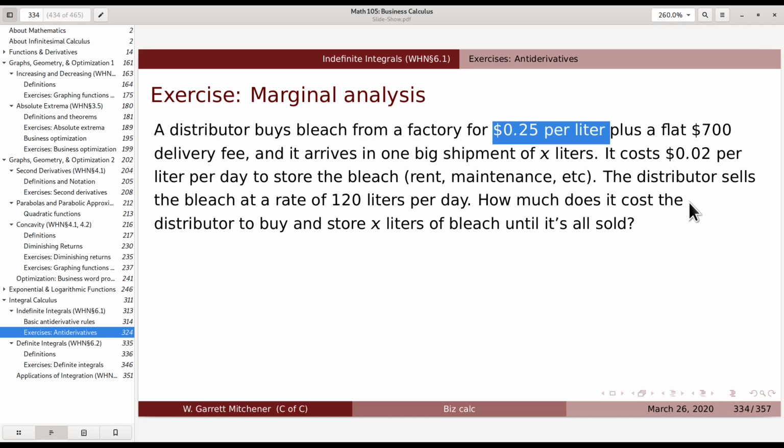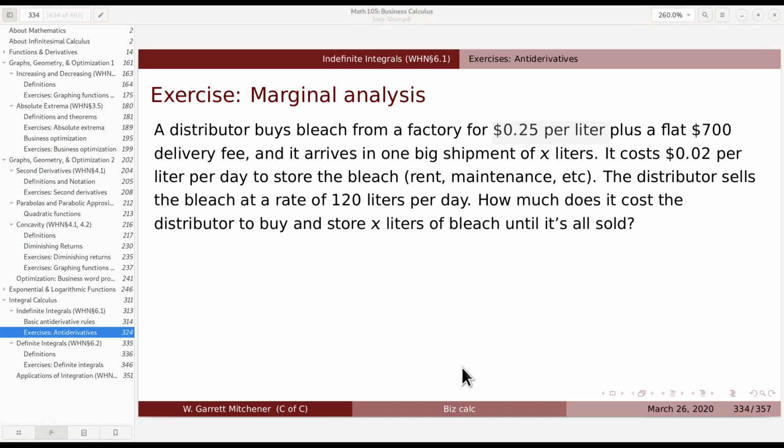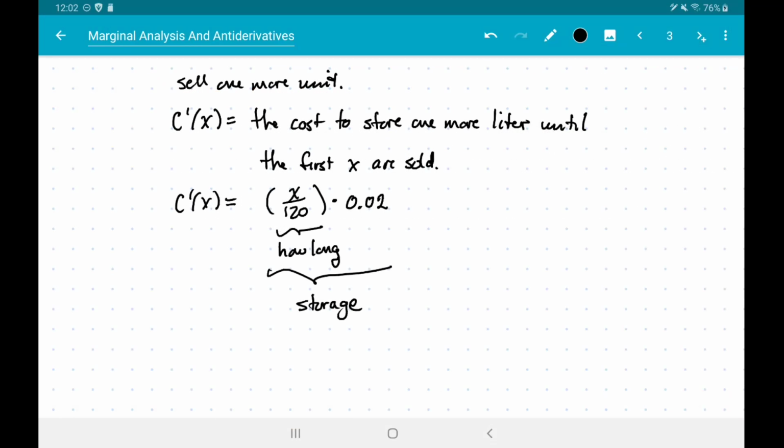That's just to acquire the material itself. So to complete C prime, I need to add what? 25 cents. So this is just a material cost. It's 25 cents per liter plus the time it takes to store it times 2 cents per day. And so there you go. We have storage costs and just buying the material.